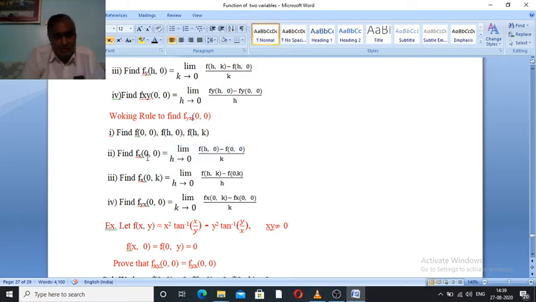Here the value of (a, b) is (0,0), by definition of first order partial derivative, limit h tends to 0 of f(a + h, b), but a is 0, so 0 + h is (h, 0), minus f(0,0).